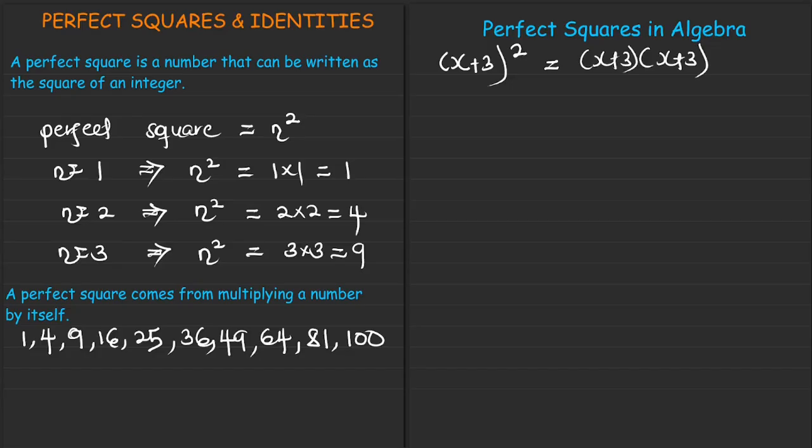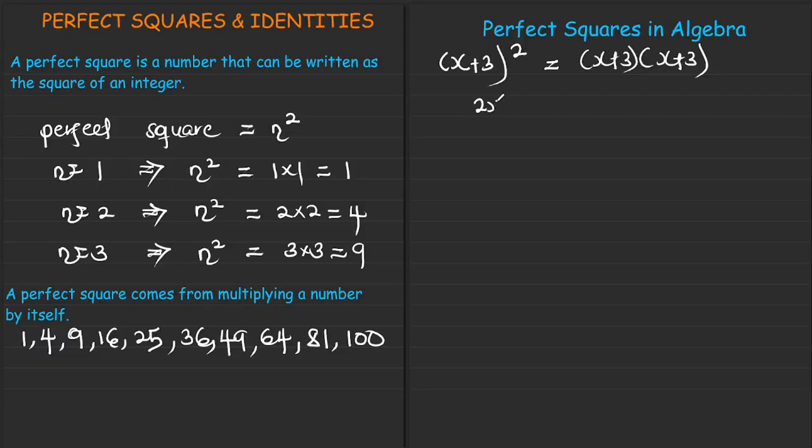If you remember, we said a perfect square is obtained by multiplying a number by itself. Here, we have x plus 3, and it is multiplying itself again. Hence, our result becomes a perfect square. Not only can you use binomials, but monomials can also give us perfect squares.